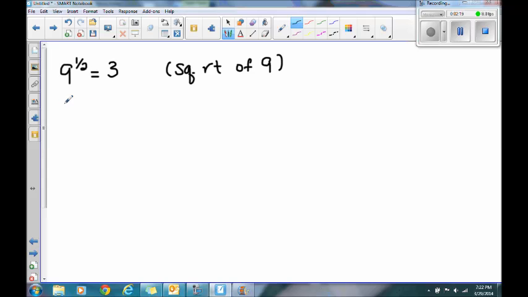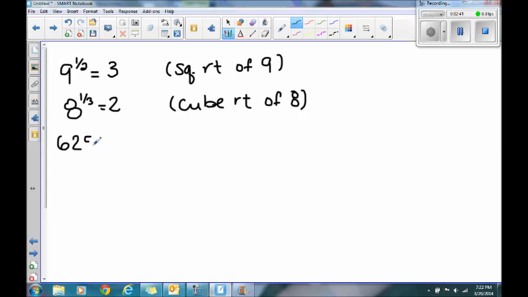If they ask us to find 8 to the 1/3 power, what they're asking us to find is the cube root of 8, or what number do I cube to get 8, which is 2. If they want us to find 625 to the 1/4 power, they're asking the question, what is the 4th root of 625? And the number that I take times itself 4 times to get 625 is 5.